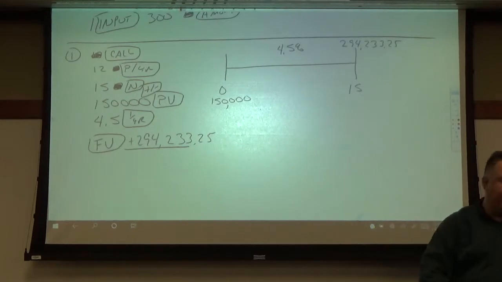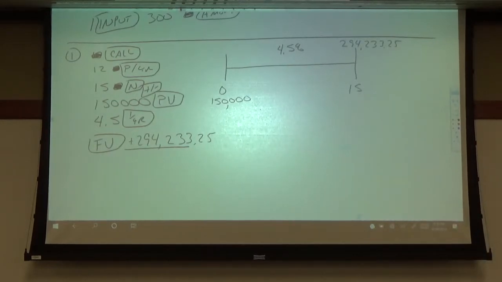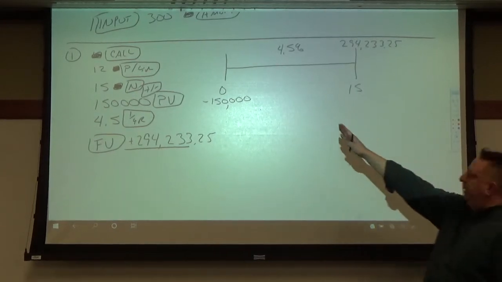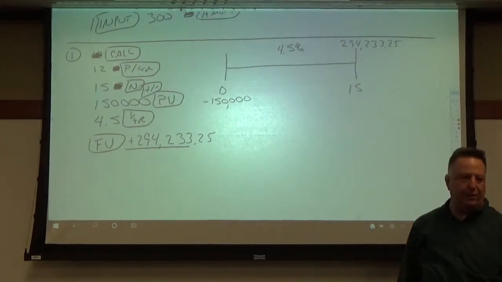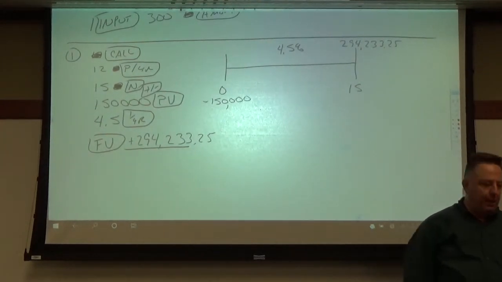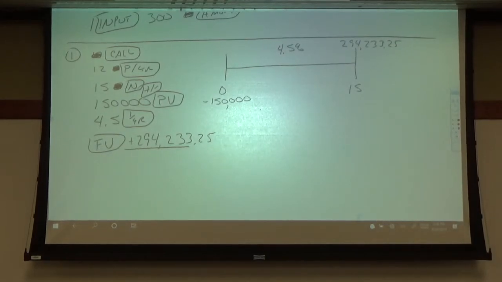If we make this a negative, then we're spending $150,000 here to buy the property, and at the end of 15 years, we're getting back $294,000. Now, here's the thing. At this point, I almost ignore a lot of the pluses and minuses because I'm accustomed to knowing what to look at and avoiding a keystroke or two. You, on the other hand, probably need to always be thinking about what is an inflow, what is an outflow, and be consistent with that.